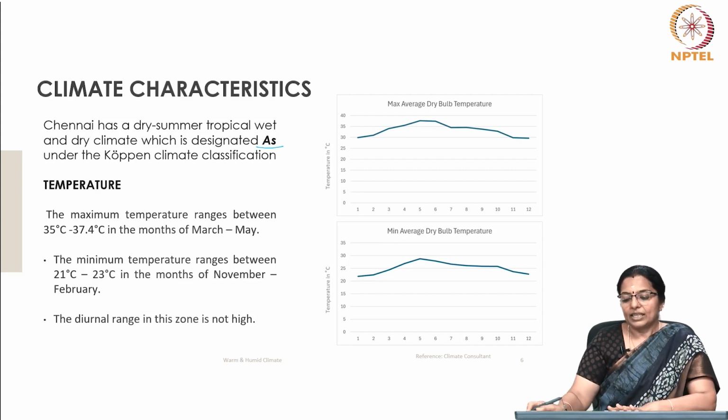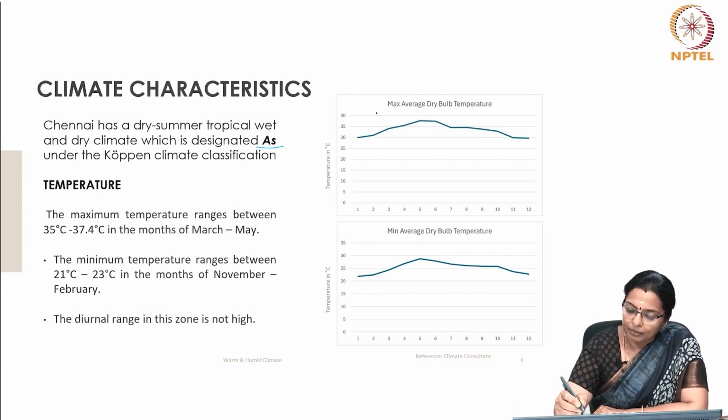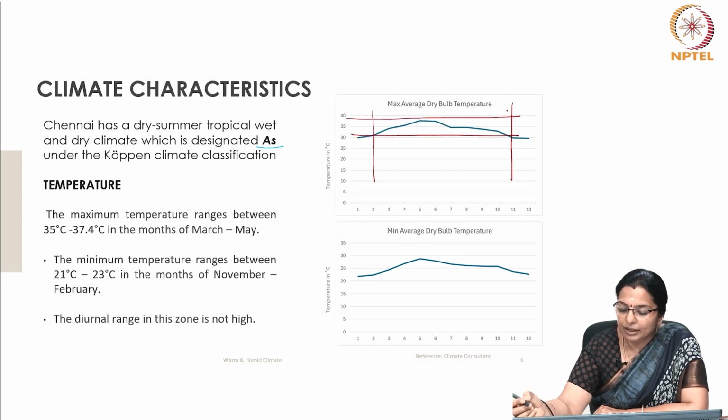If you look at the maximum average dry bulb temperature of Chennai, you can see that for most parts of the year, it lies between 31 to 37.5 degrees centigrade.